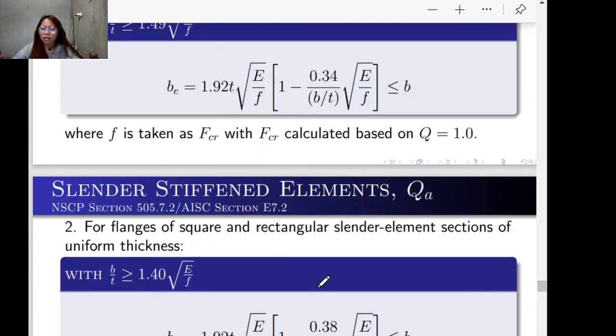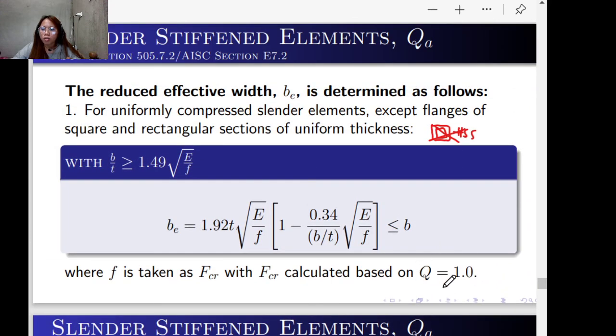For the purpose of iteration, substitute the value of f the same with the value of Fcr based on the calculated Q equal to 1.0.